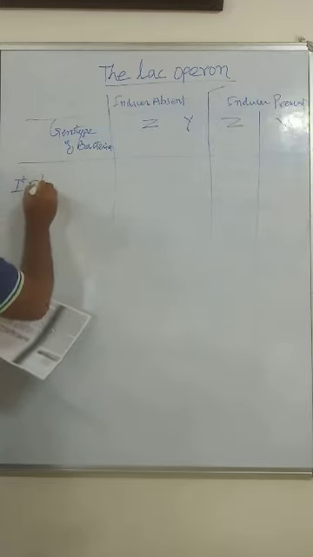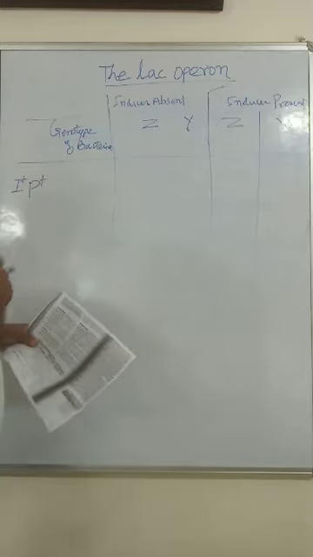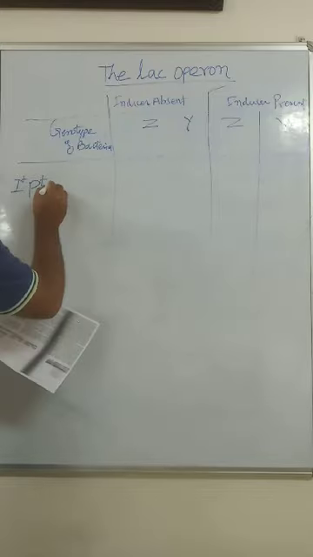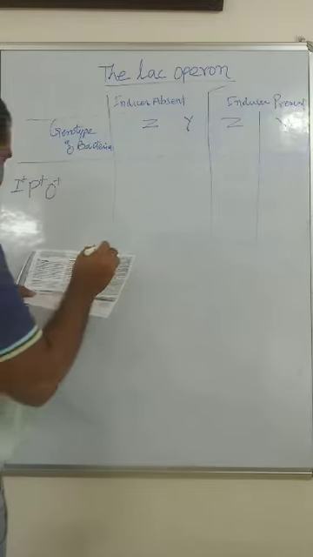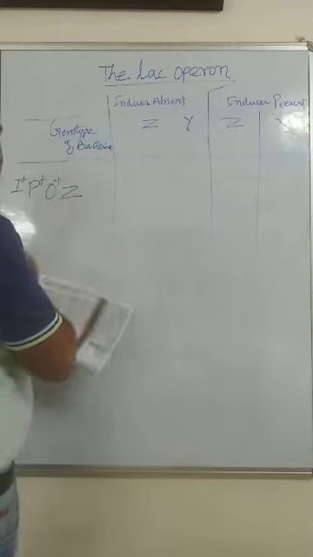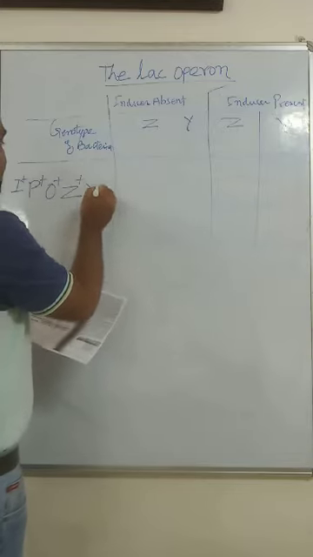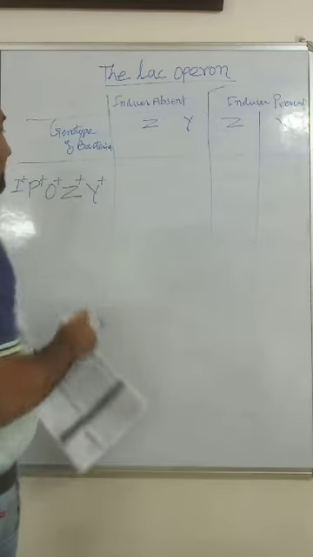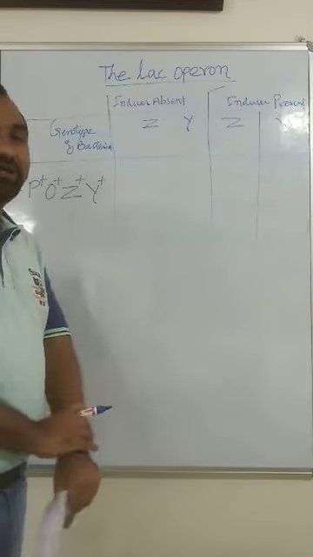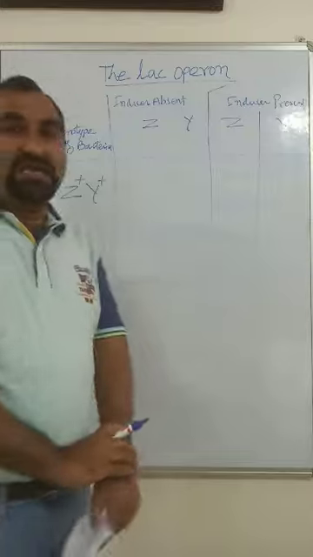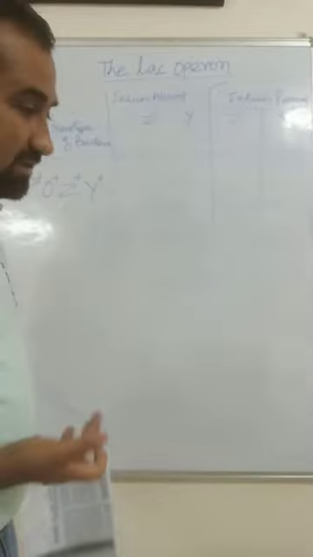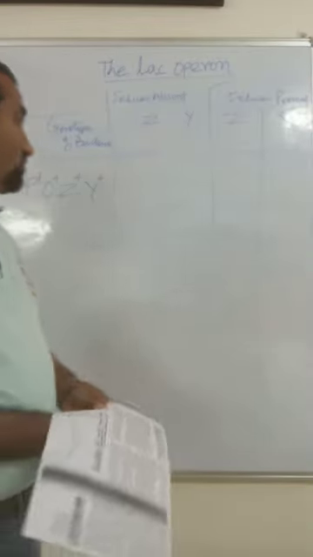And promoter is in good copy, operator is normally functioning, and this structural gene Z, like Z gene, is normally functioning, and Y gene is normally functioning. Here we are not representing A gene because it has no more significance. So this is the genotype of case first.